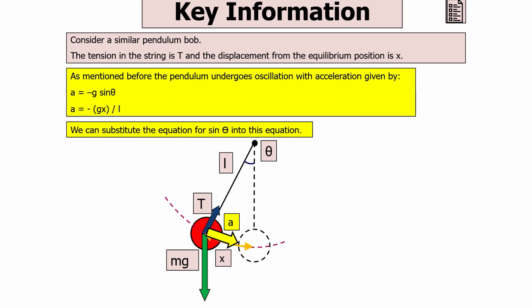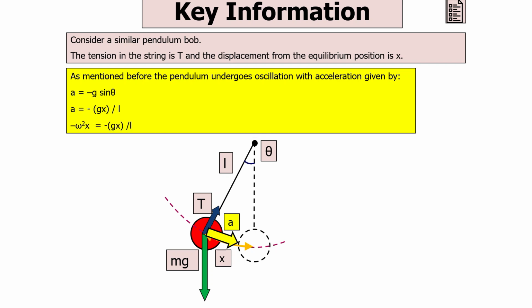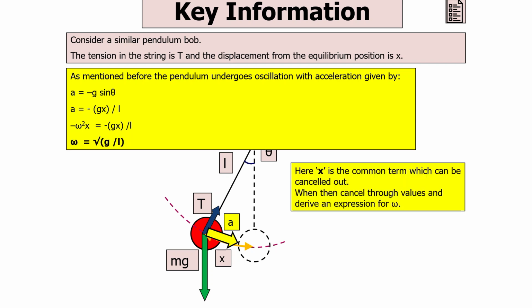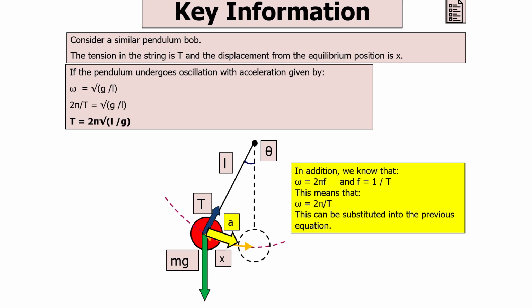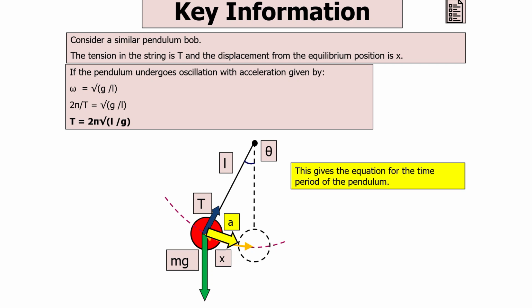So we can then substitute in the values and say a is equal to minus gx over L. So we know a, as we said before, is minus omega squared x, so we sub that into the equation and we simplify it through to get omega is equal to the square root of g over L. We therefore also know that omega is equal to 2 pi over T, so we substitute that in, and we get T is equal to 2 pi times the square root of L over g. So we know that from the previous idea, omega is equal to 2 pi over T. Now this gives us our equation for the time period of the pendulum.